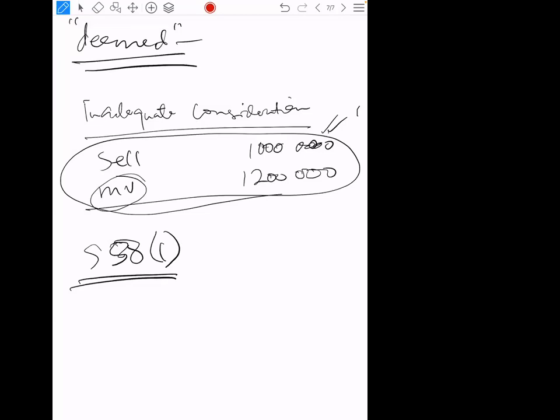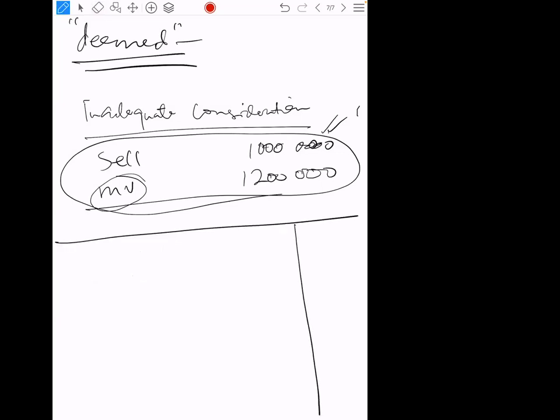Let's hear more. Provided that in the determination of the value of such property, a reduction, highlight reduction, shall be made of an amount equal to the value of the said consideration. So when we are determining the value so donated, remember in donation, I said that the point of departure is market value, 1.2.